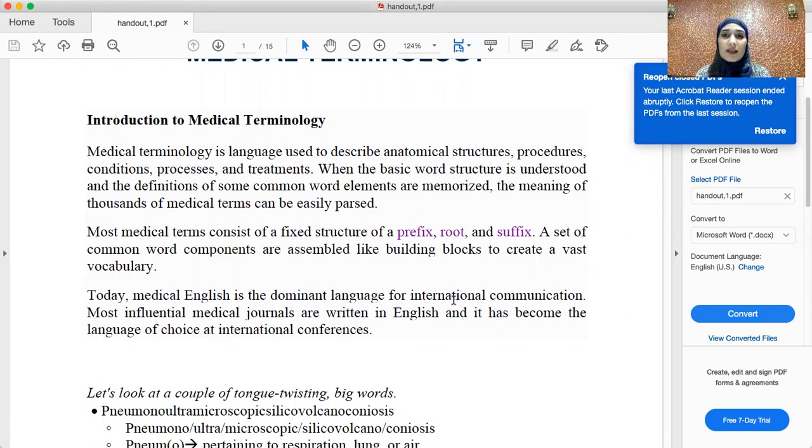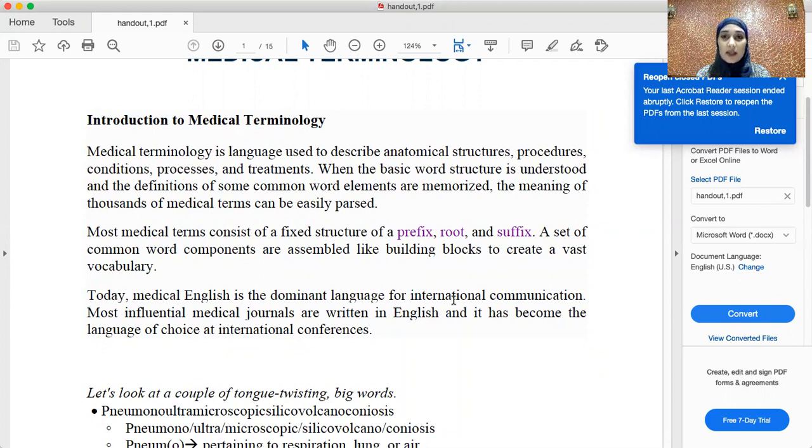When you divide any medical terminology, or most of the medical terminologies, you will find a fixed structure. Most medical terminologies consist of prefix, root, and suffix.